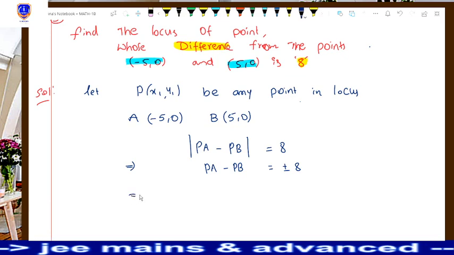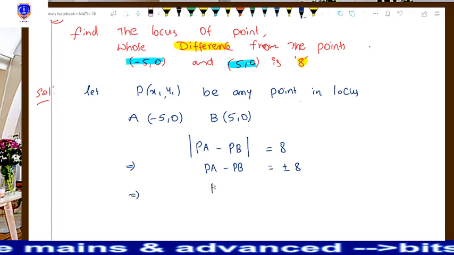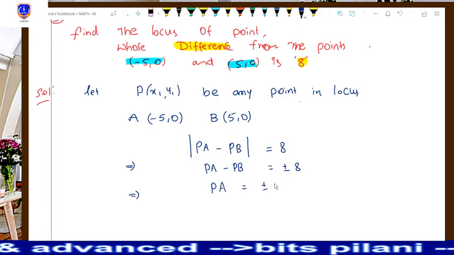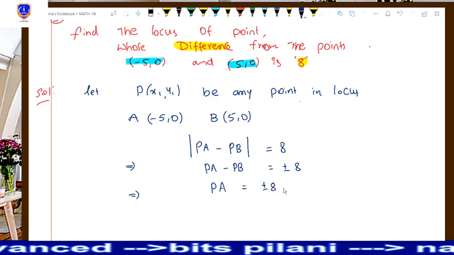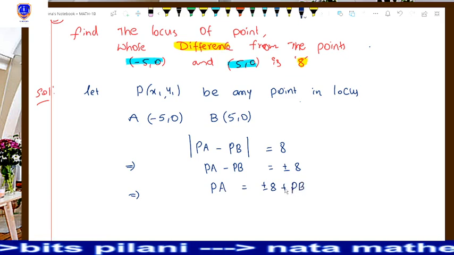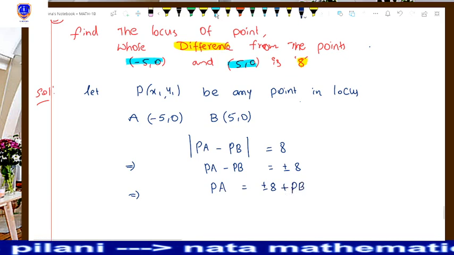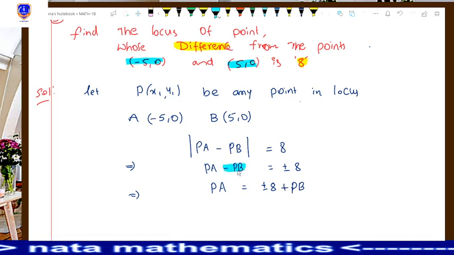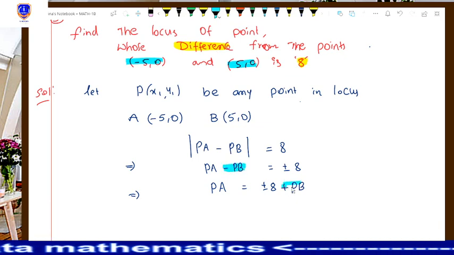This implies PA equal to plus or minus 8 plus PB. This negative PB is transformed to the other side.